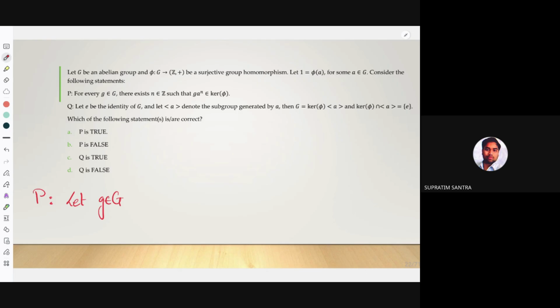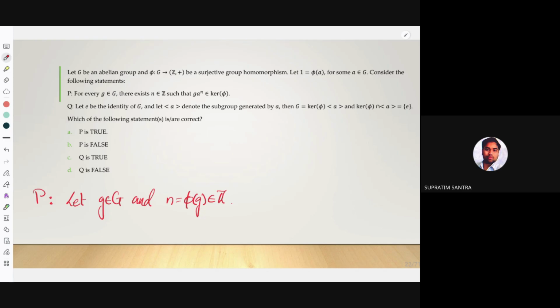We have a homomorphism from G to Z. So let's just try to see if that would work. Let n be equal to phi of g, and this is an integer. So now we need to show that g a power n belongs to kernel of phi.